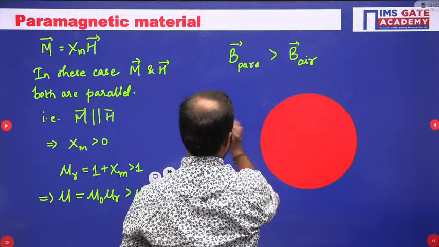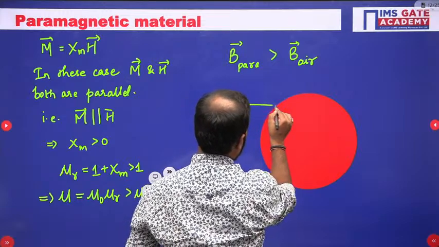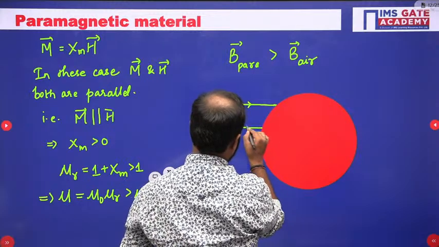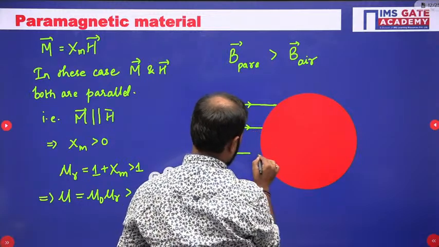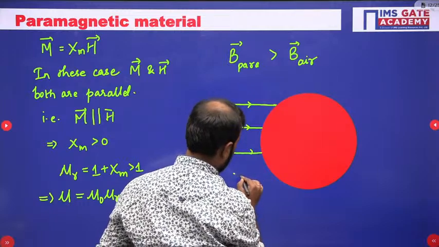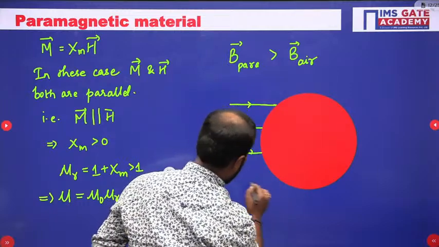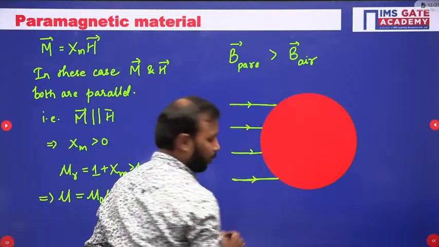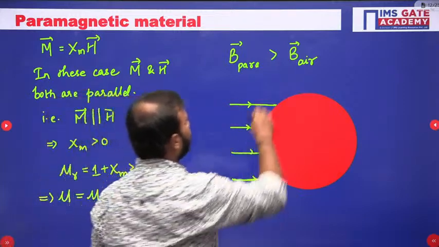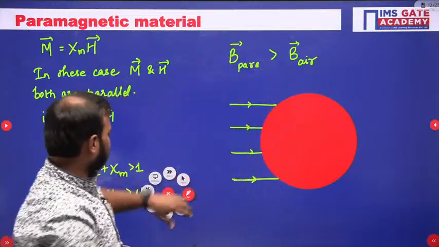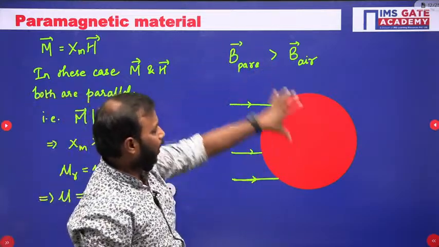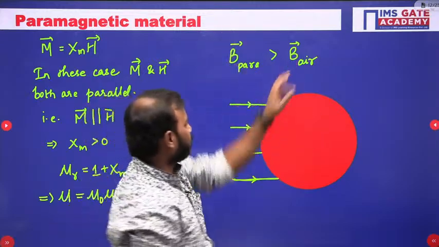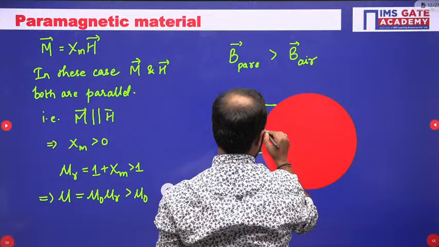This is the direction. It will be like this, and inside the material it is going to be closed, because the magnetic field density in this material is going to be denser than the air, so it is going to be like this.